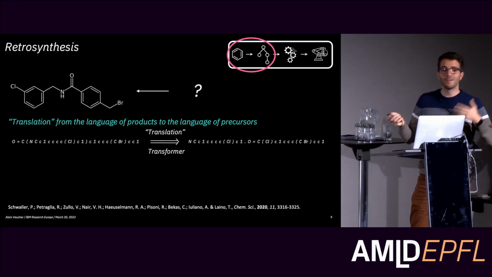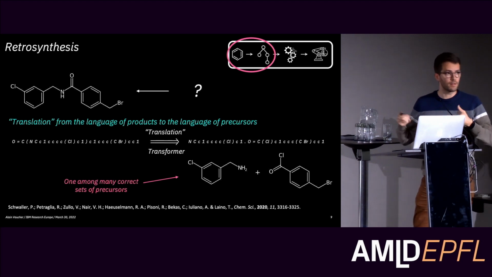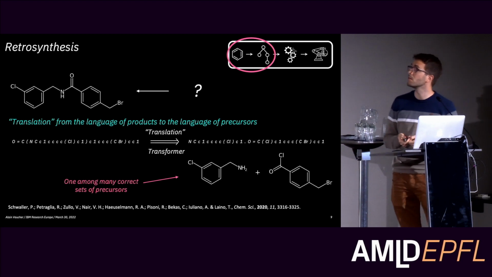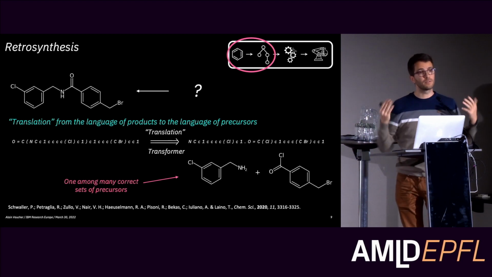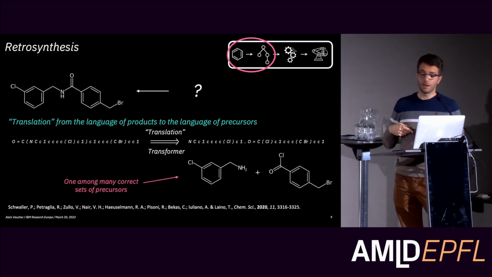So basically, we go from the language of chemical products, so to say, to the language of chemical precursors. And then from the output here, we can get back the structures of the precursors, or one among many different sets of precursors, and we can even get different suggestions. Then, in order to get the full retrosynthetic tree, we apply this iteratively until all the compounds are commercially available, and we can also use a set of selection criteria.